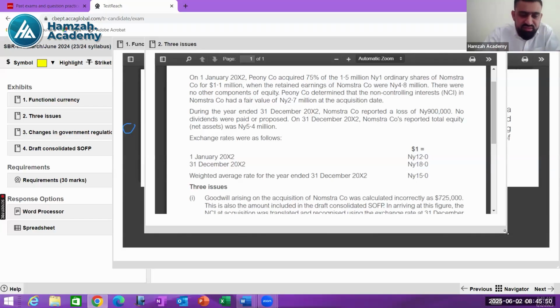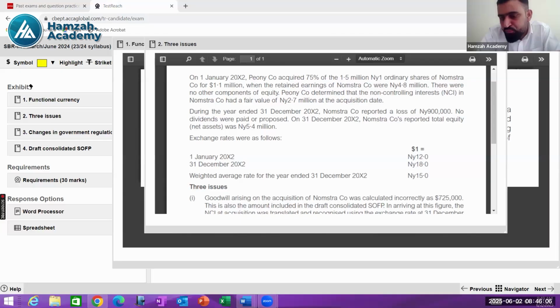Now, first of all, let me discuss the rules. Dear students, the net assets of the subsidiary at the date of acquisition, the NCI value at the date of acquisition, and the consideration at the date of acquisition should be translated using the exchange rate at the date of acquisition. So goodwill should be calculated using the exchange rate at the date of acquisition.